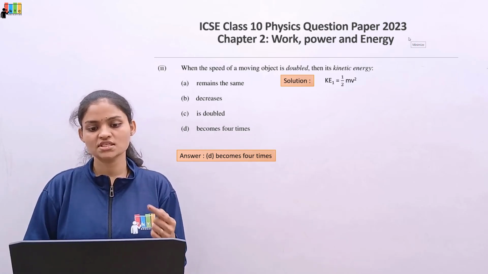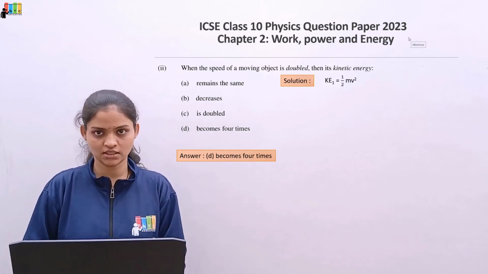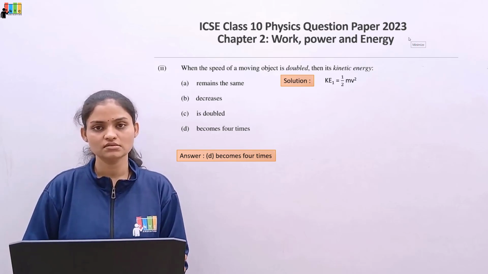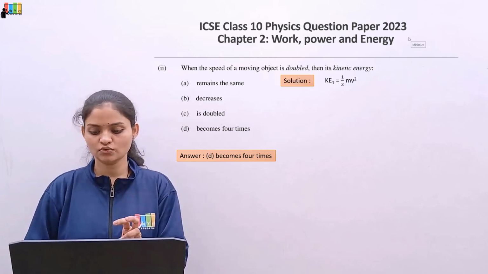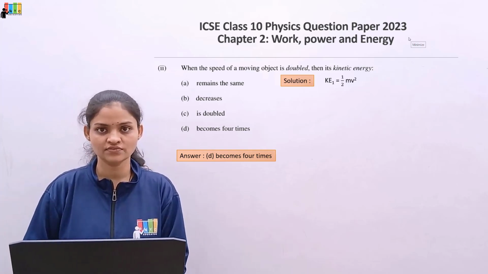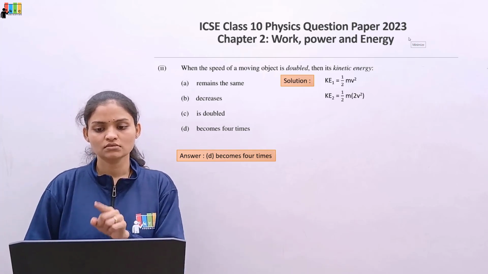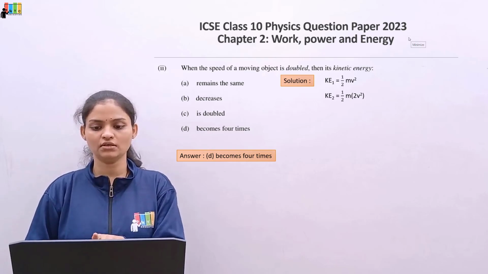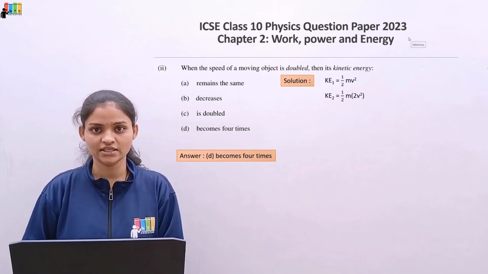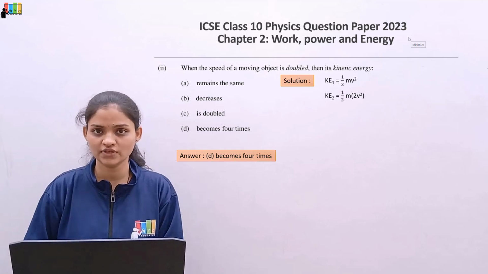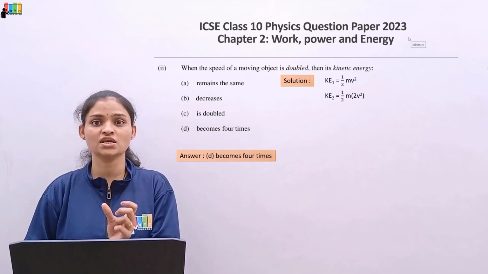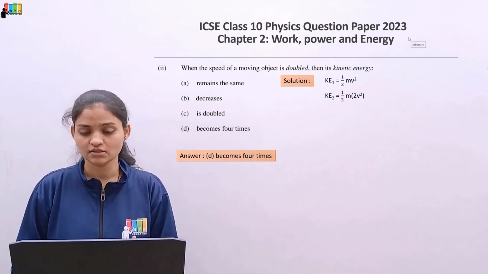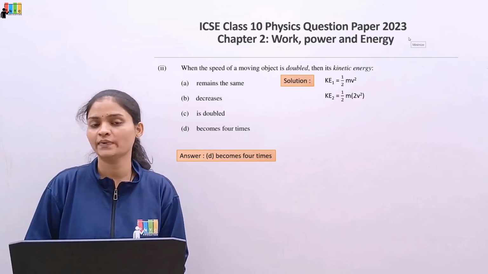Now the speed of the object is doubled. So the speed is v. If we double the speed, what change will happen? For the final kinetic energy, instead of v we take 2v. Speed is doubled, so we have to change the value of v. Here pay attention to the bracket.